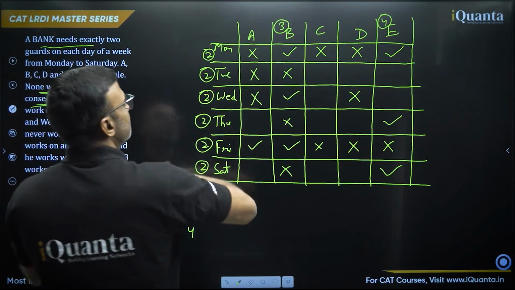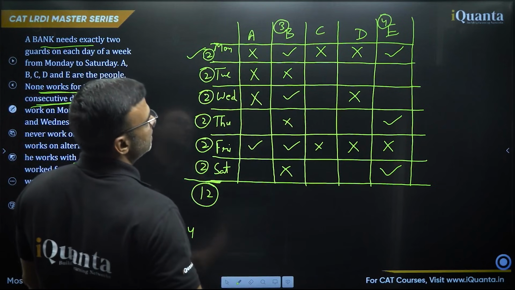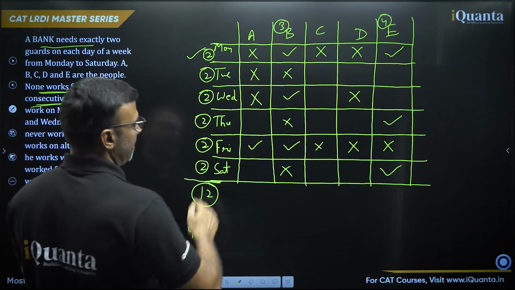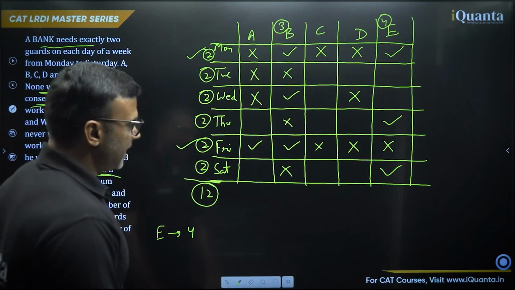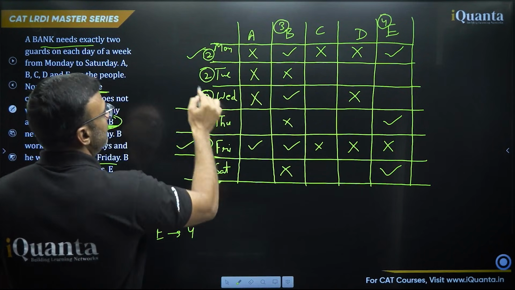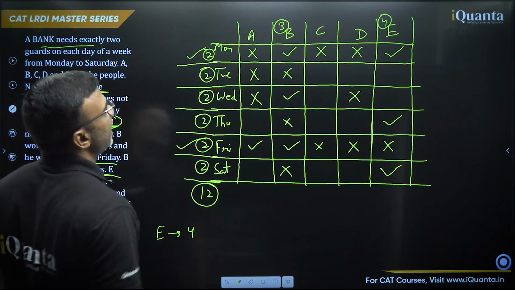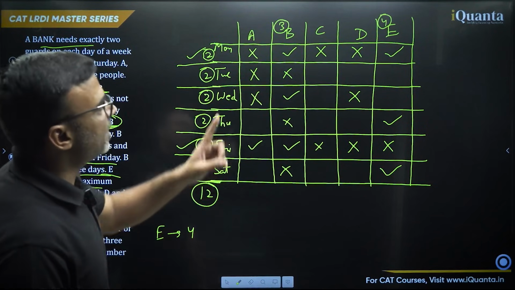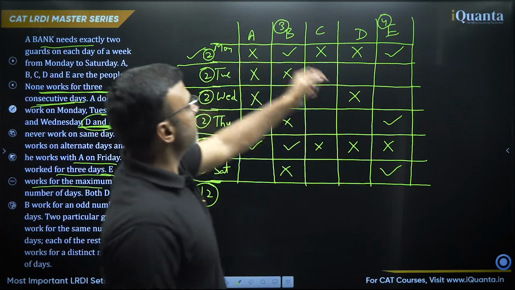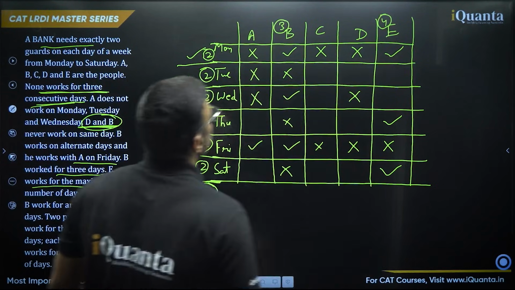Check. So Monday is completed. Tuesday is not yet completed. Wednesday is not completed. Thursday is not completed. Friday is completed. Saturday is not completed. Right? What else? We still don't know for how many days A has worked, how many days C has worked, how many days D has worked. We know that B has worked for 3 days, E has worked for 4 days.